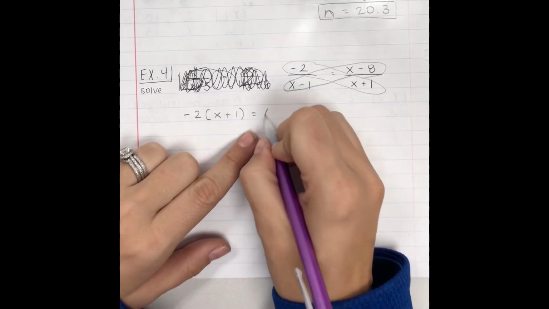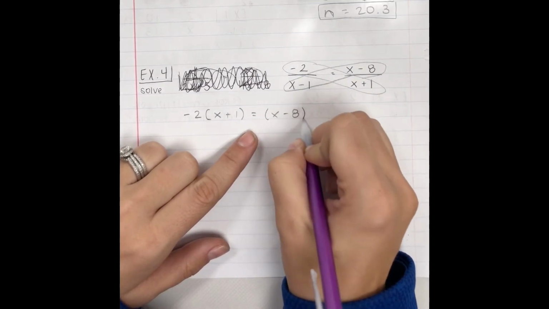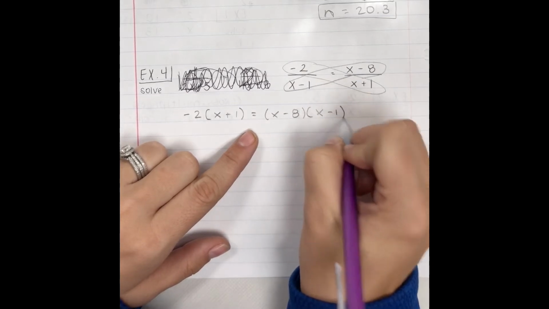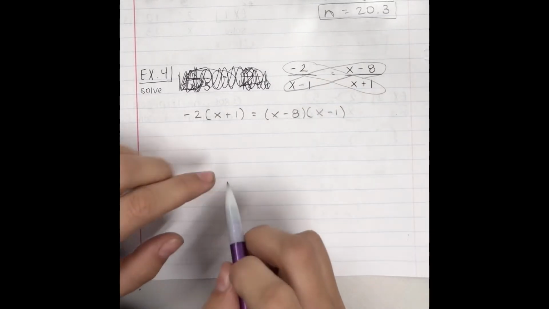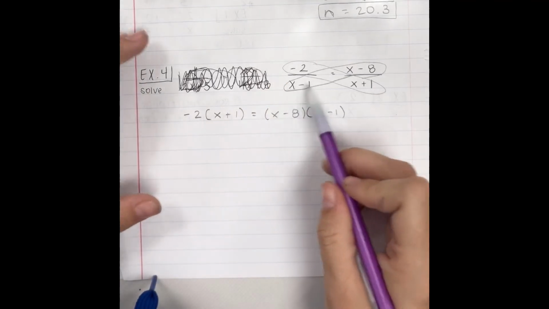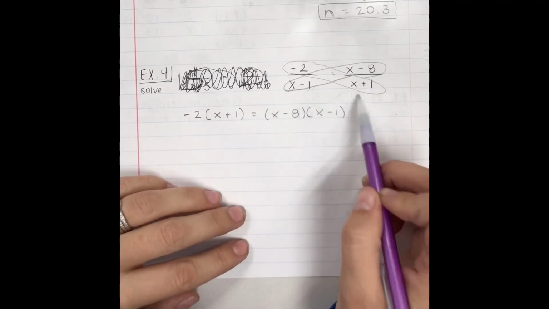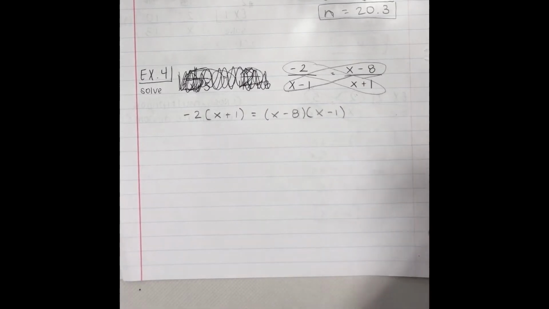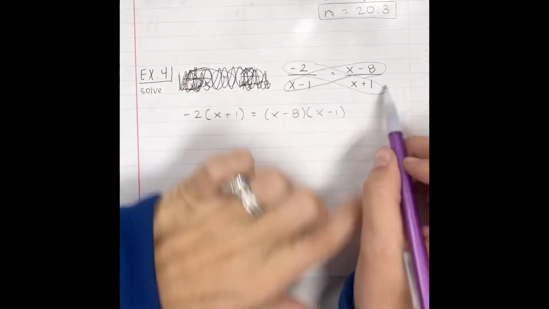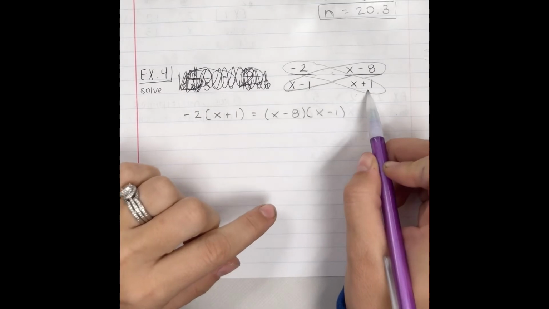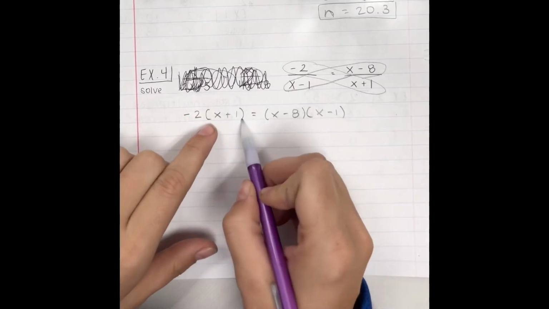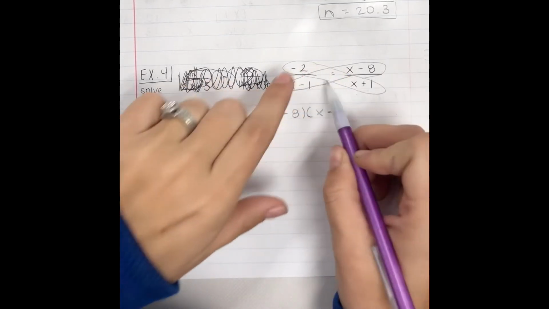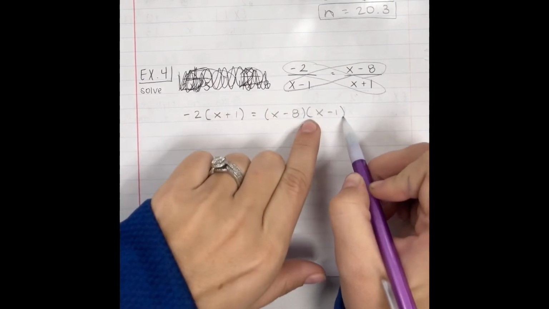So here I'm going to have (x minus 8) times (x minus 1). Notice I'm keeping the expressions, the things with more than one term, like these binomials, in parentheses, okay? Because I'm multiplying negative 2 by this whole thing, so I had to keep this whole thing in parentheses. Then I'm multiplying this whole thing times this whole thing, so I had to keep them in parentheses, right?